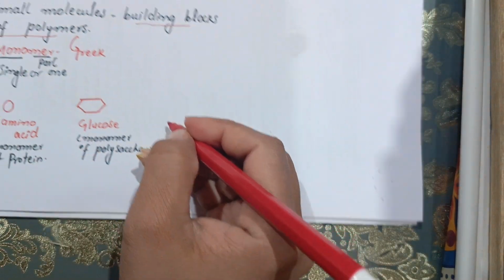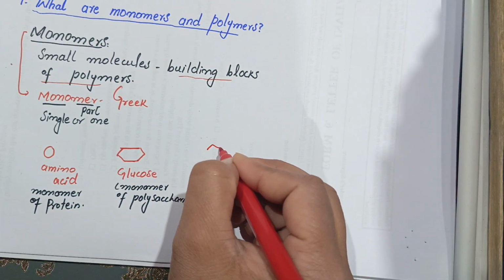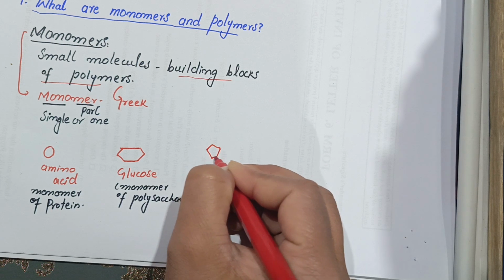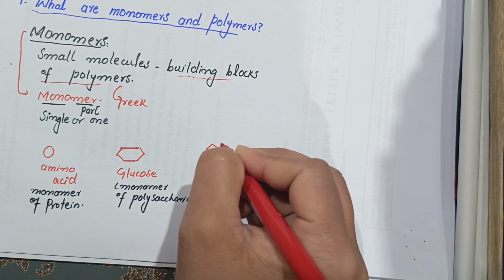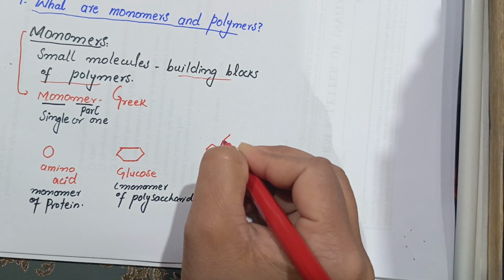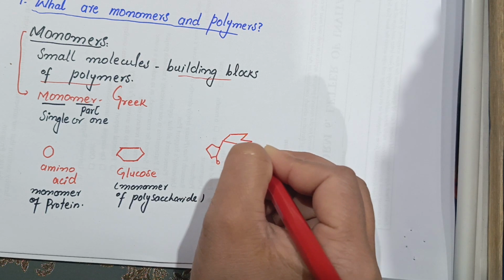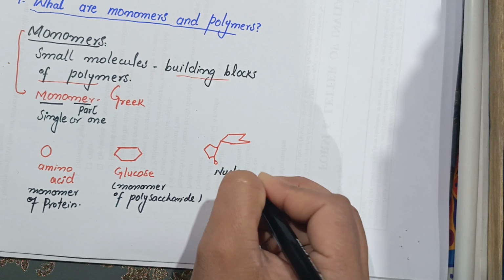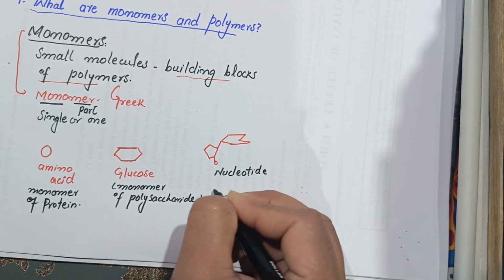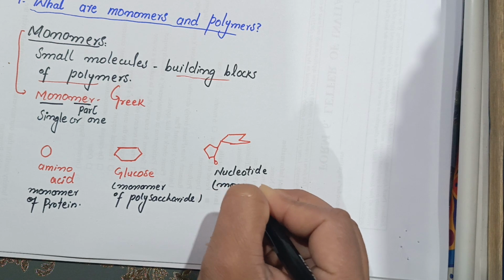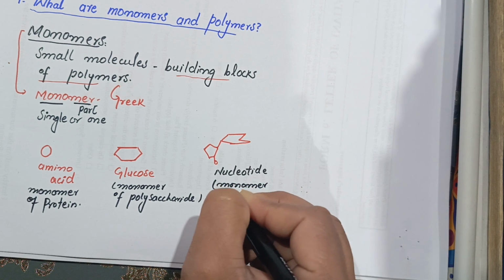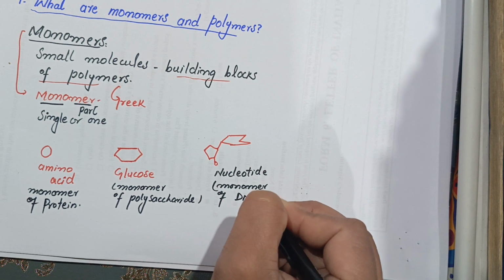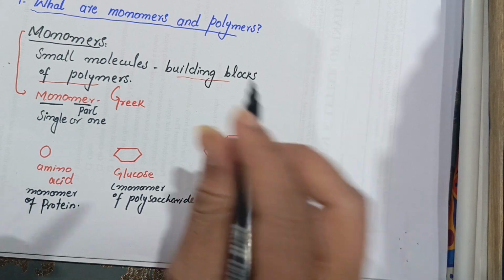Same like this, we also have the example of nucleotide, which is the monomer of DNA, which is a polynucleotide structure.